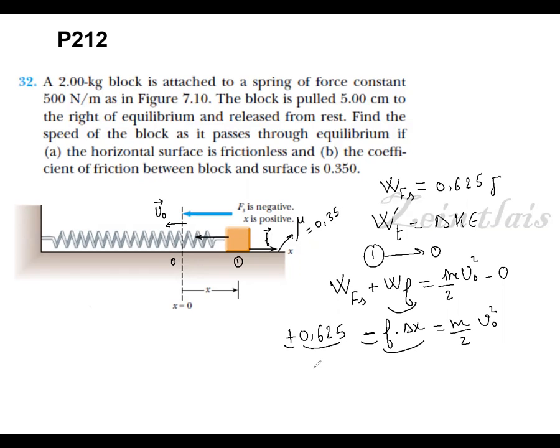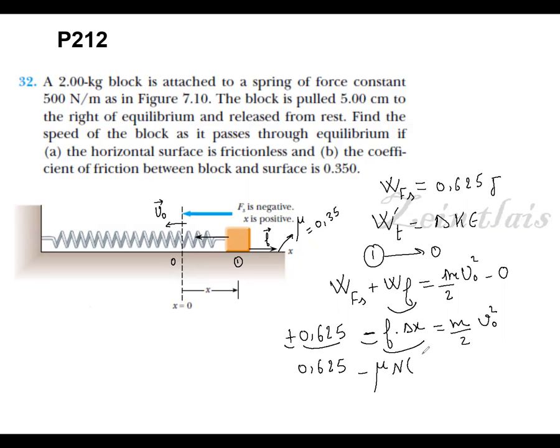Here we have 0.625 minus F, where F equals mu times N, times dx.